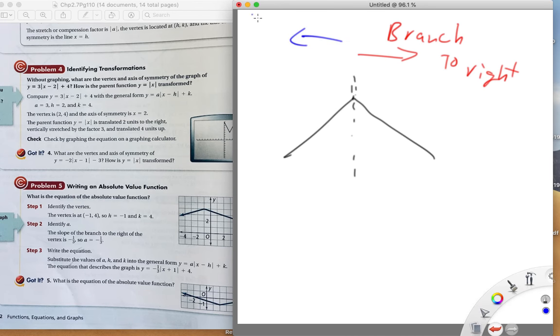We would like to get our a value from branching to the right because it's basically like the slope of a regular line. So to find the a value is basically finding the slope.